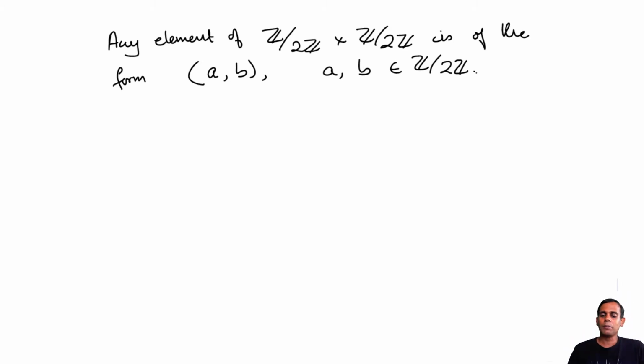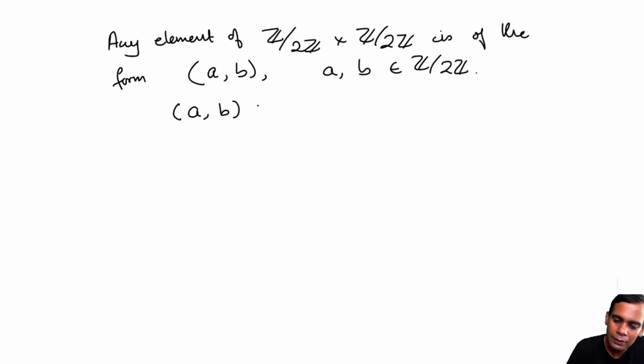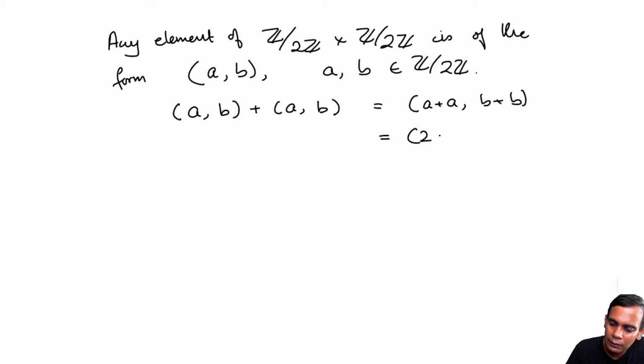And now the group operation here in Z mod nZ, I'm going to use the additive notation, and so if I take this element (a, b) and add it to itself, I'll get (a plus a, b plus b). But this is (2a, 2b), which is (0, 0), the identity element of Z mod 2 cross Z mod 2.